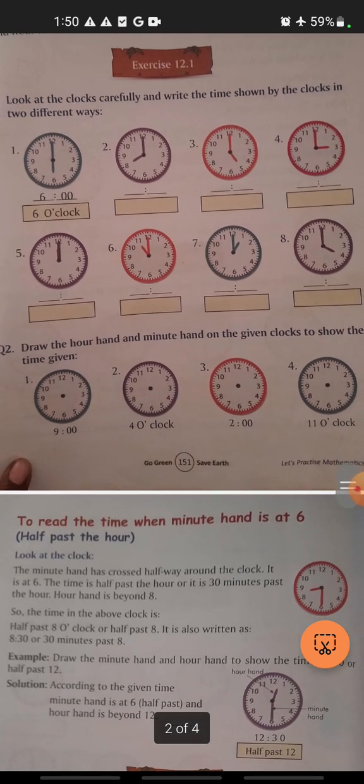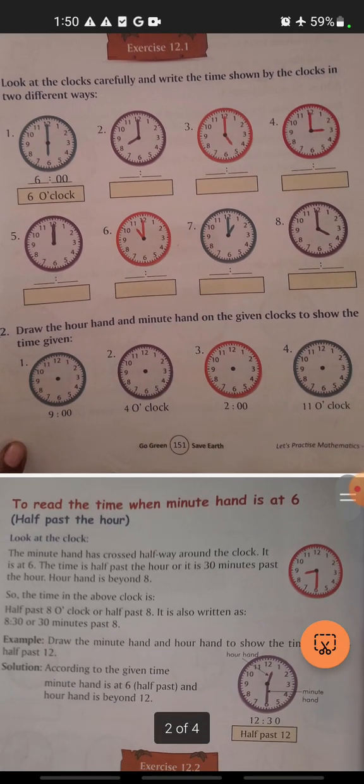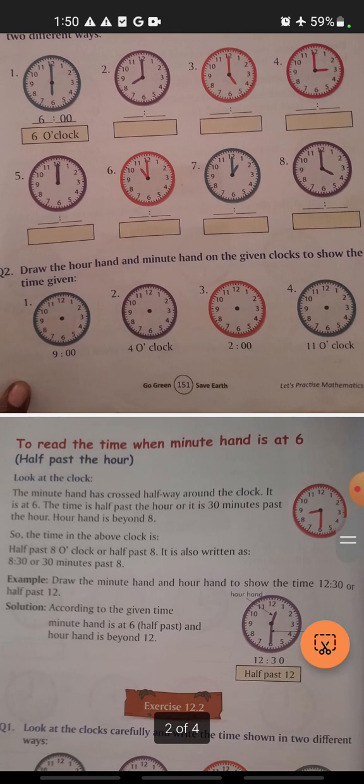Next question is, draw the hour hand and minute hand on the given clock to show the time given. In this question, you have to draw both hands, short hand and long hand, by looking at the time written below the clock. First is 9 o'clock.